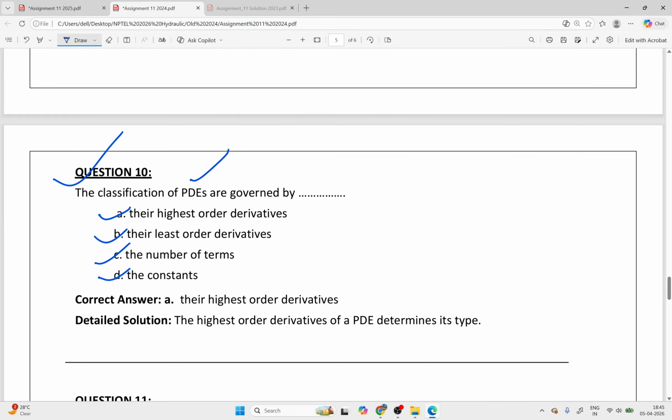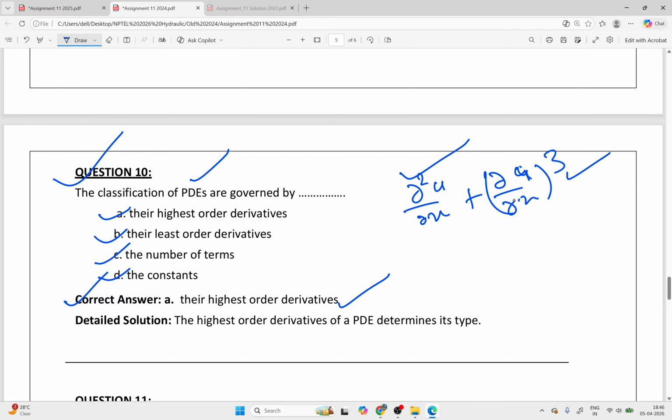So the answer for question number 10 is their highest order of derivative. Their highest order of derivative means, for example, del square u by del x square, or del u by del x whole cube. Here we follow the order. Remember please, not the degree.